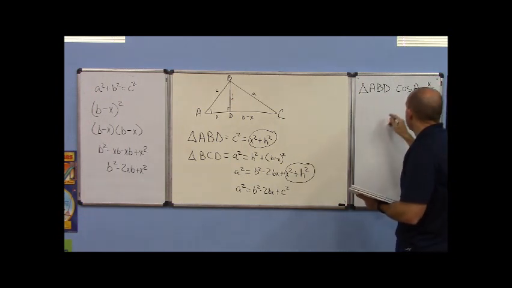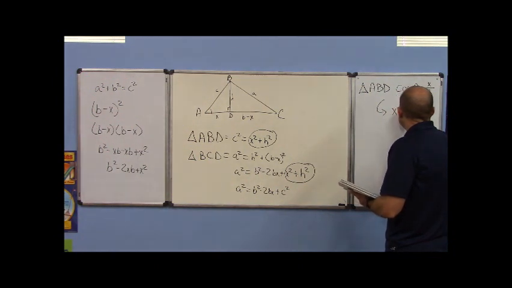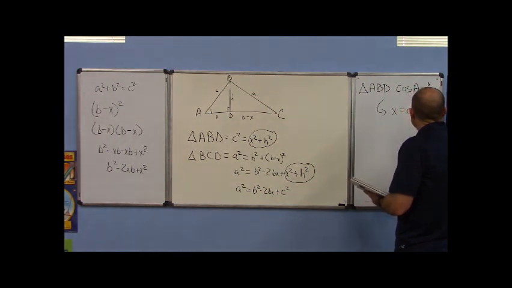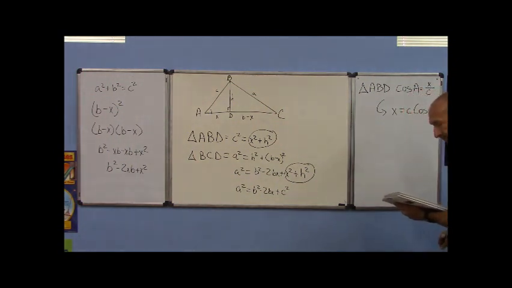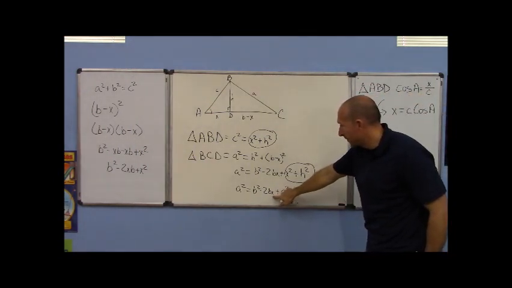And likewise, if we bring this down, x is going to be side c times the cosine of angle A. So what that allows us to do is substitute out x and put in c times the cosine of A, in place of where we have an x down here.